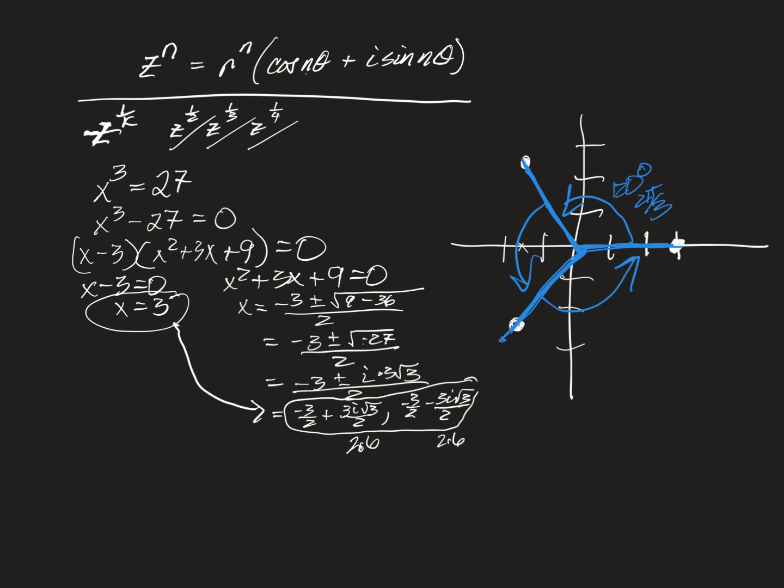So for instance, if you went for a fourth root of something, your roots might show up like this, all 90 degrees apart. Boom, boom, boom, 1, 2, 3, 4. Or it could be here, here, here, and here, depending on the equation.